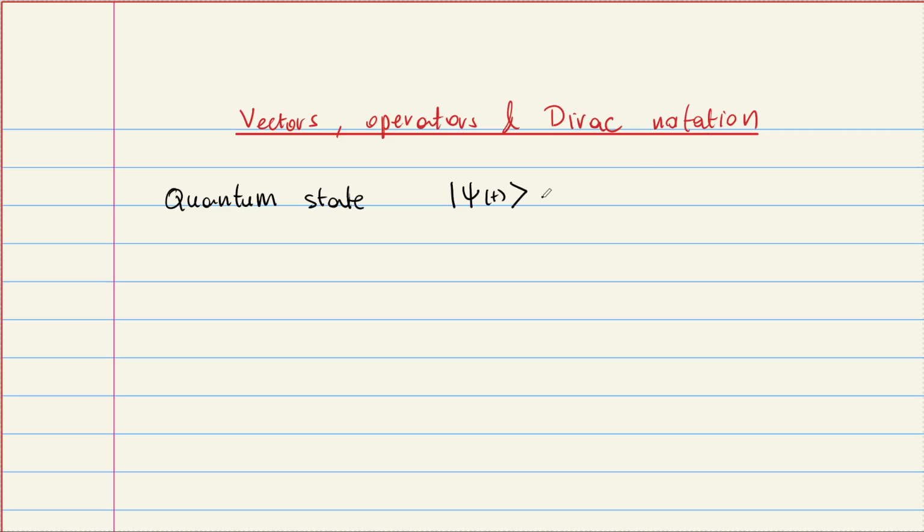So this state is an element of Hilbert space, and it obeys the Schrödinger equation, right? I h bar d/dt of psi of t is going to be h psi of t. I'm also going to write it in abstract form; I'll talk about this later after I set up what I mean here. And here h is an operator that I am going to talk more about in a little bit.